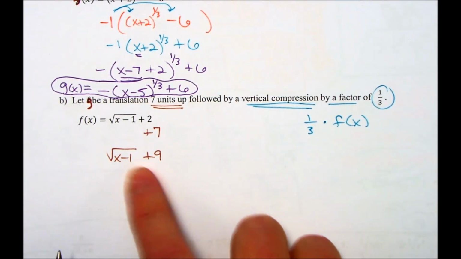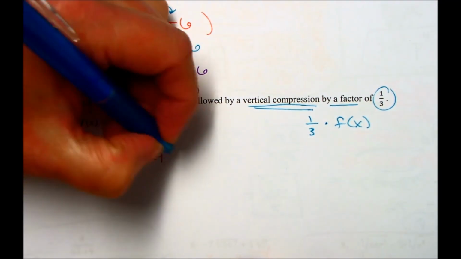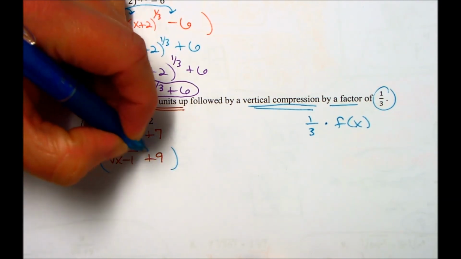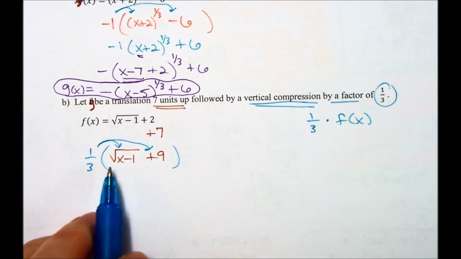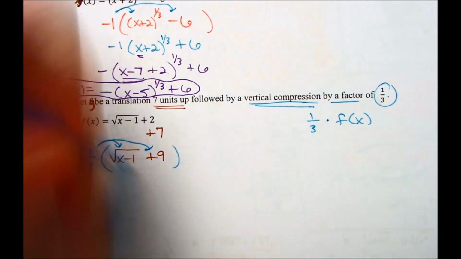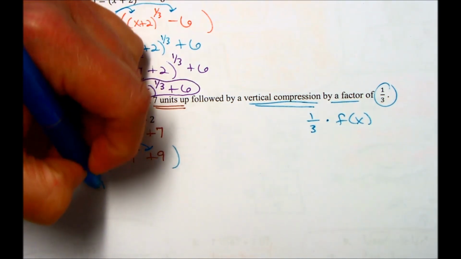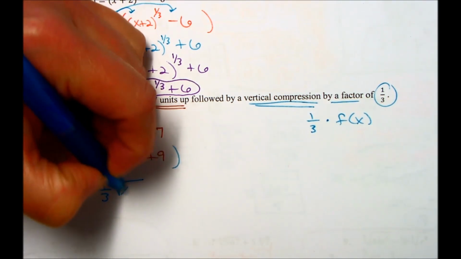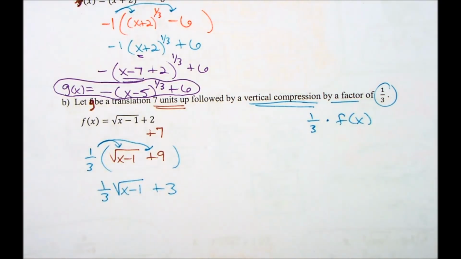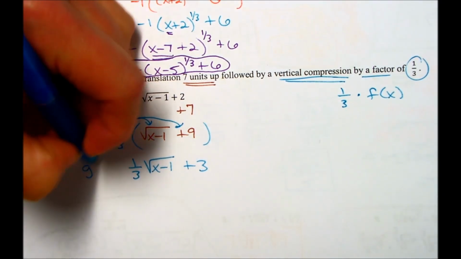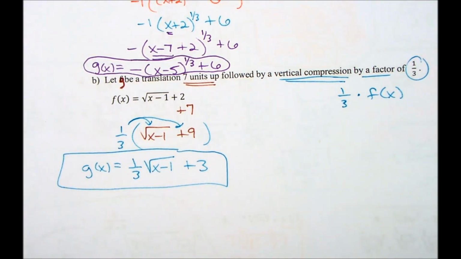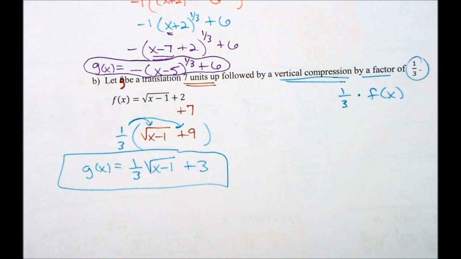So if there's more than one term in this function, you have to distribute the 1/3 to both of these things. Well, you can't multiply the 1/3 inside the radical. So when you distribute to the square root, just put the 1/3 in front, and then the 1/3 times 9 is going to be equal to 3. So there you have it. G of x equals 1/3 square root of x minus 1 plus 3.